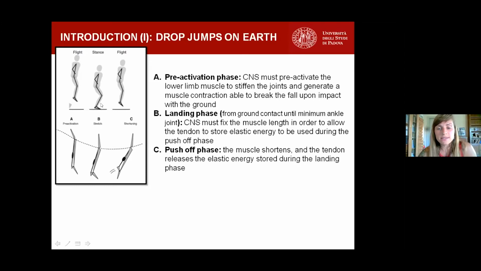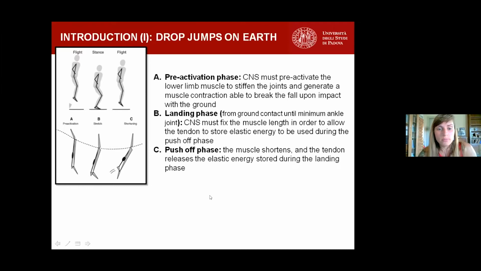And in this phase, the central nervous system must fix the fascicle length in order to allow for tendon elongation and storage of elastic energy, which is then released in the last and third push-off phase, which precedes the rebound.